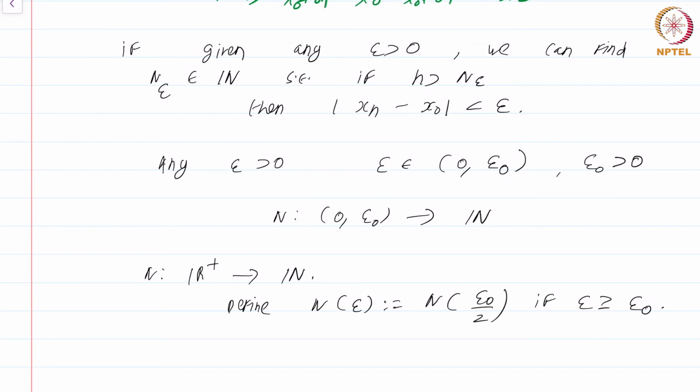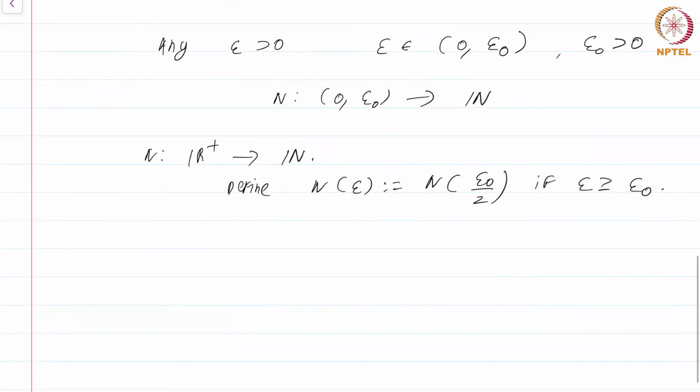Suppose you have satisfied the definition of convergence for all epsilon in the interval (0, epsilon naught), then define the new function N. I'm choosing to use the same name for convenience. From R plus to N by N of epsilon is N of epsilon naught by 2, whenever epsilon is greater than or equal to epsilon naught. Why does this work?